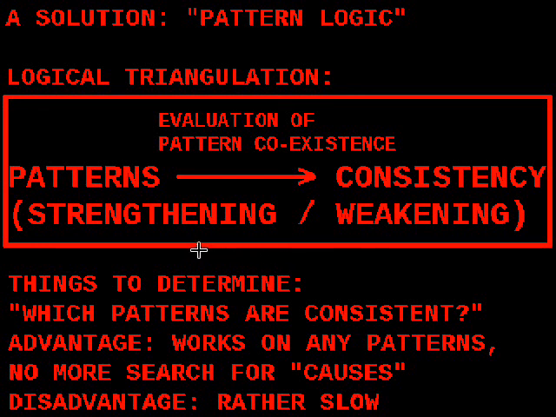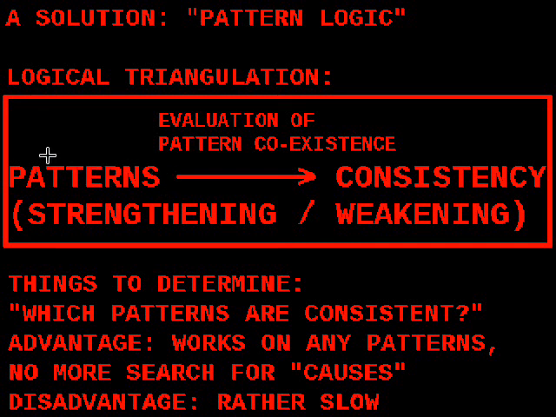And the main idea of logical triangulation is that you are looking at patterns and you are saying something about their consistency. You say whether a pattern is more plausible than some alternative pattern, thereby allowing you to choose some patterns over other patterns in the reasoning of, say, an artificially intelligent agent.